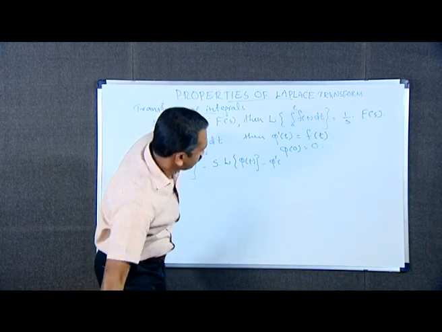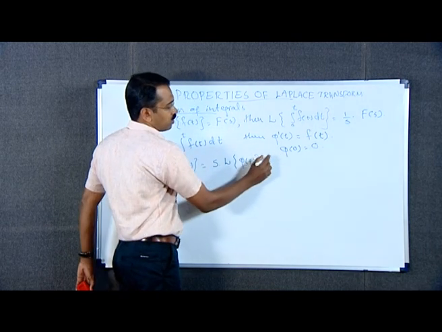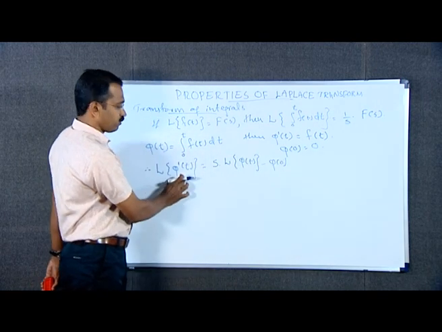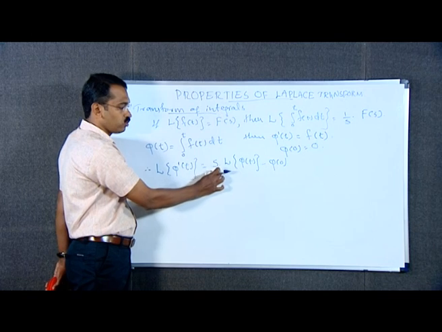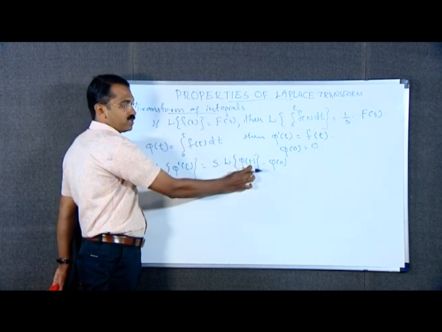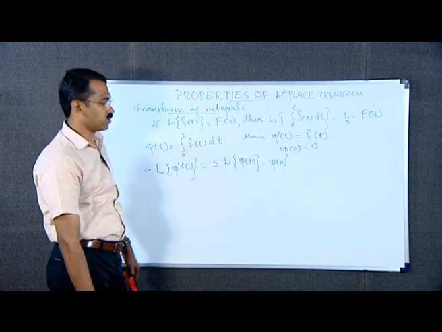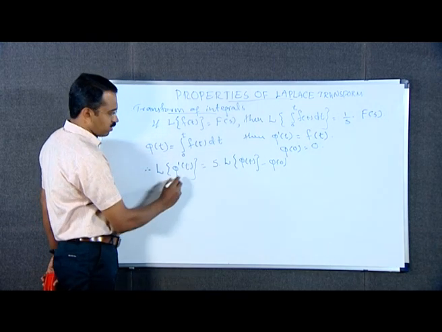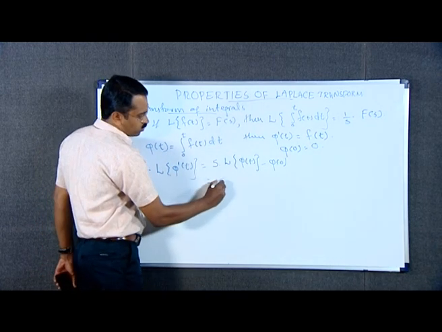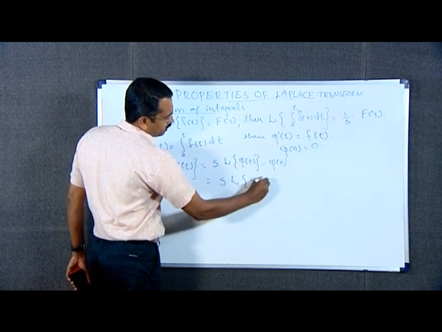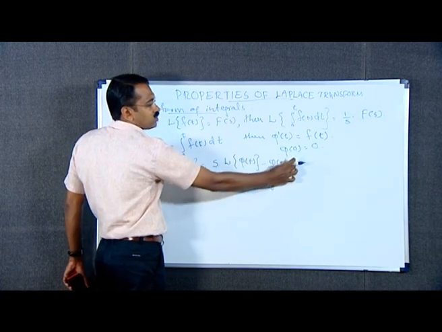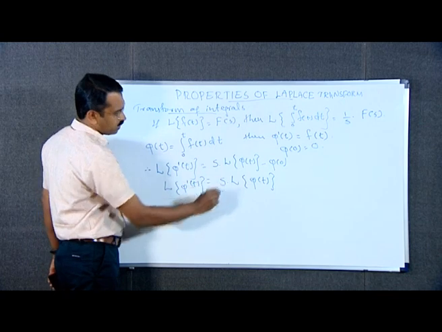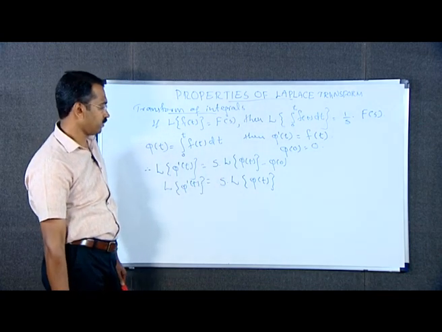This is from the property of transform of derivatives: the Laplace transform of the first derivative phi dash of t is s into the Laplace transform of phi of t minus phi of 0. Here phi of 0 is 0, therefore the Laplace transform of phi dash of t is equal to s into the Laplace transform of phi of t.